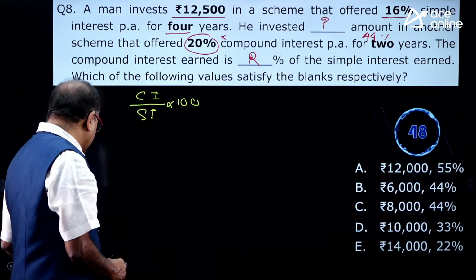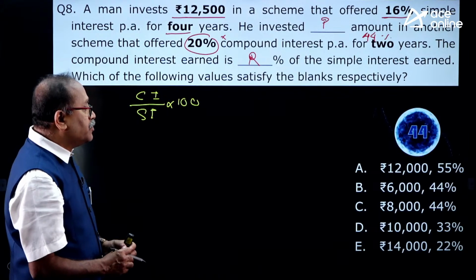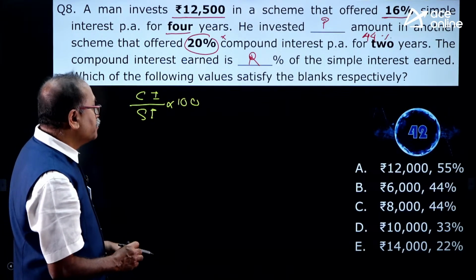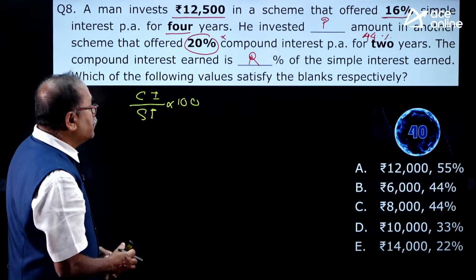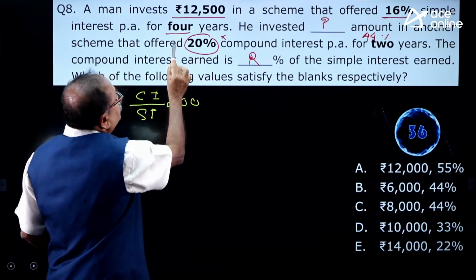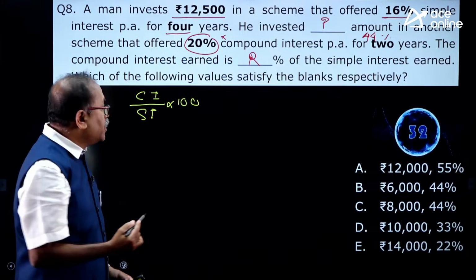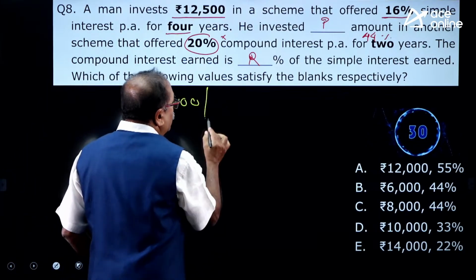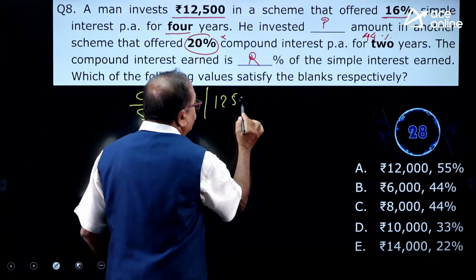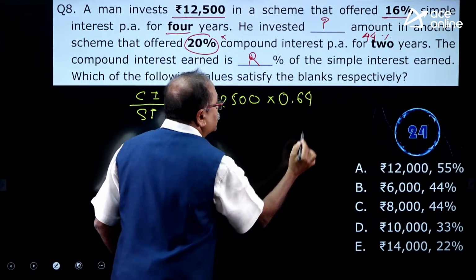So I need to go for the option verification. But before that, what are we going to do over here? That is, what is 64% of 12,500? So here it is 12,500, and 64% is nothing but 0.64.